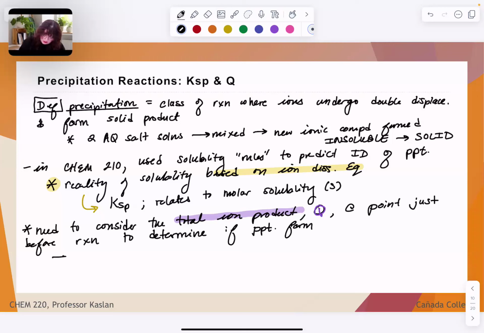And we do this by comparing our Q value to our KSP.